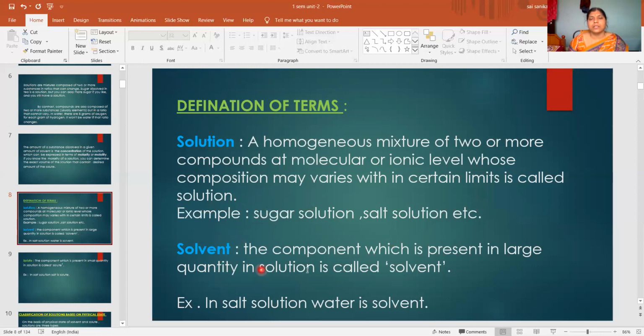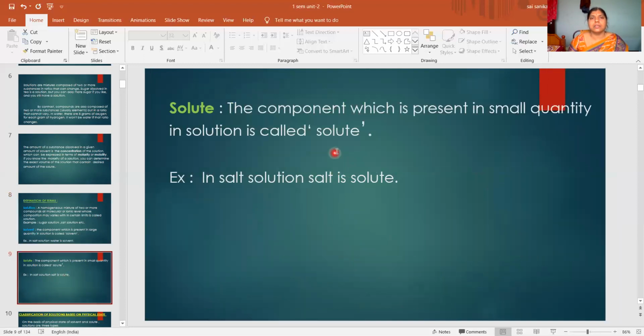And solvent, the component which is present in large quantity, is called solvent. Example, in salt solution water is more in quantity, so water is the solvent. And solute, whichever component is less in quantity in solution, is called solute. So in salt solution, salt is less in quantity, so salt is the solute.